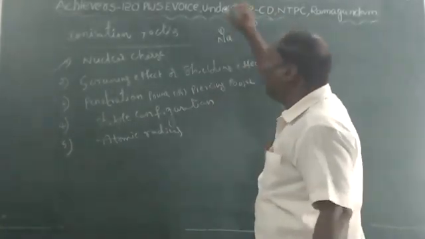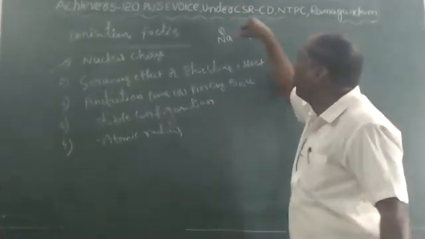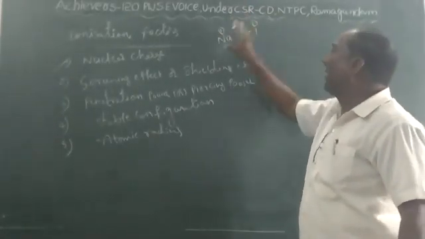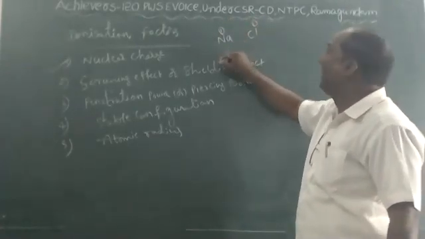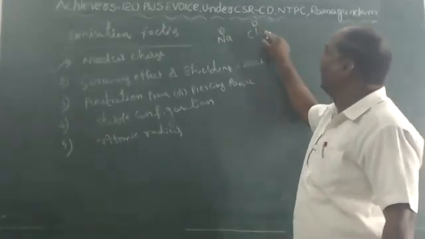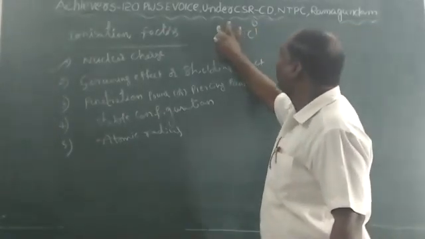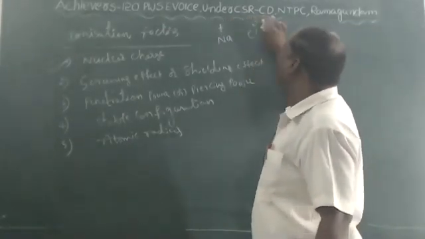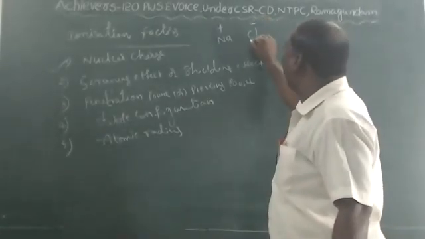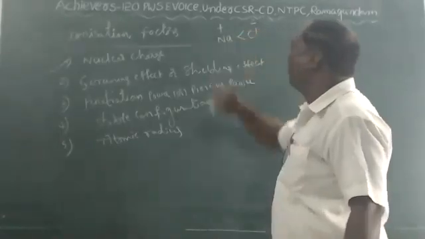Because of this electron, sodium has no stability. That's why sodium is ready to contribute one electron to chlorine. Then sodium attains a positive charge and chlorine attains a negative charge. So chlorine's nuclear charge is greater than sodium's.